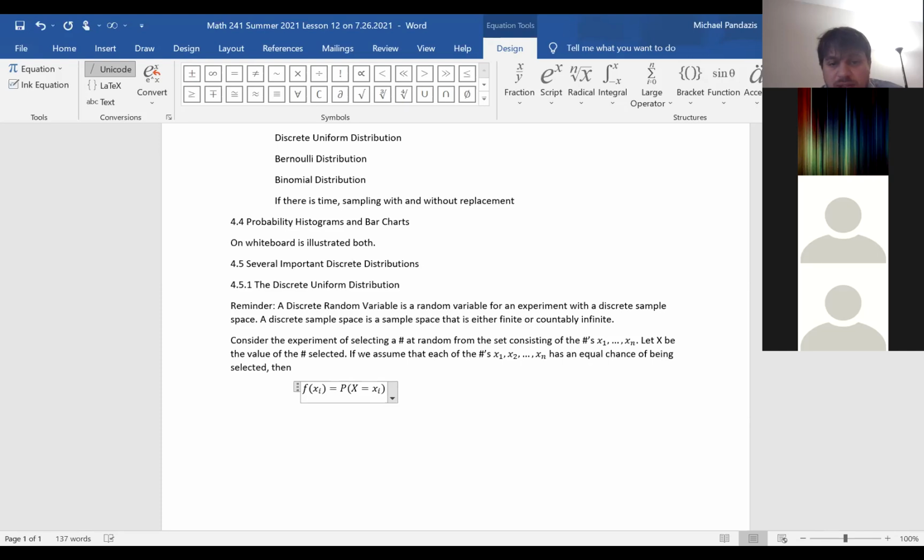X is the value of the number selected, so the probability of capital X being one of those x values is equal to 1 over n. And this is for i equal to 1, 2, and so forth, up to and including n.